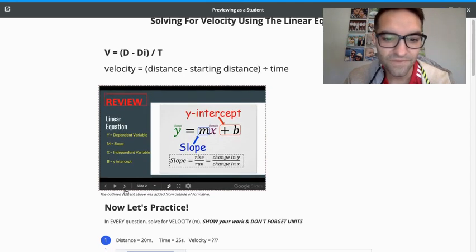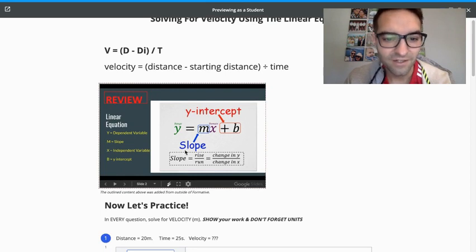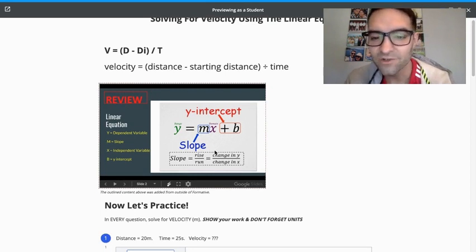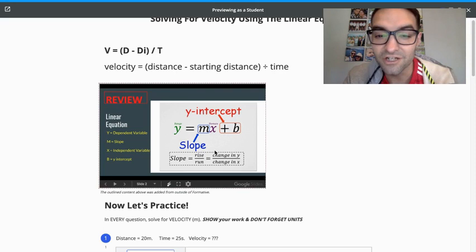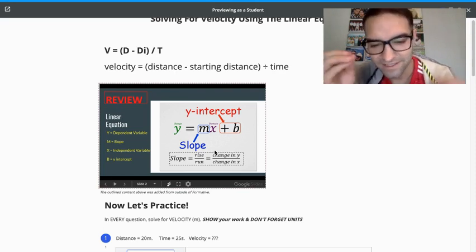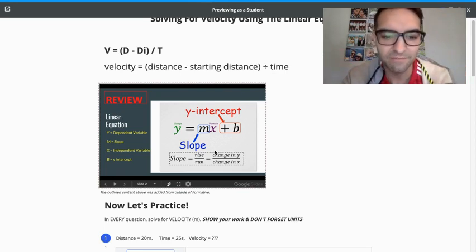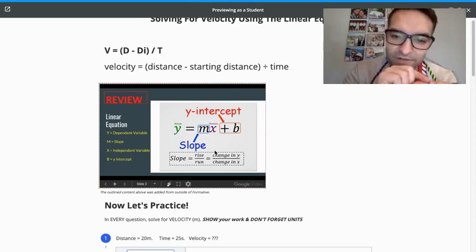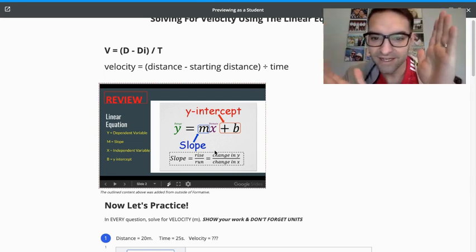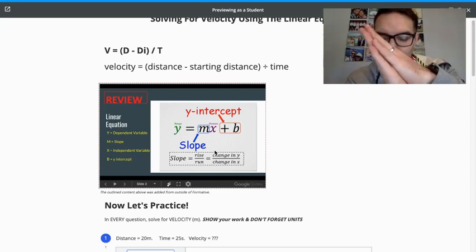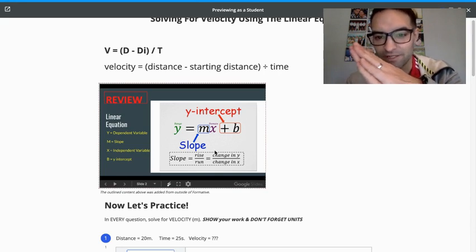Again, the slideshow is identical to the others, where we're using this linear equation because distance and time have a linear relationship under a constant velocity. And what that means, again, hopefully this is starting to make more sense as we're going, is that if you are moving at a constant speed, then your distance and your time will come together and make a straight line when you plot the data points.